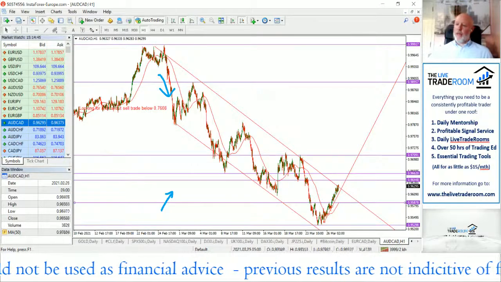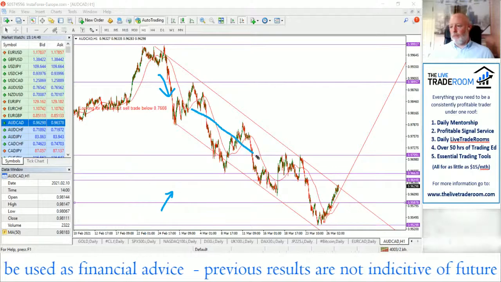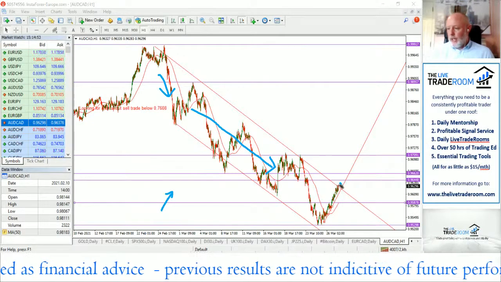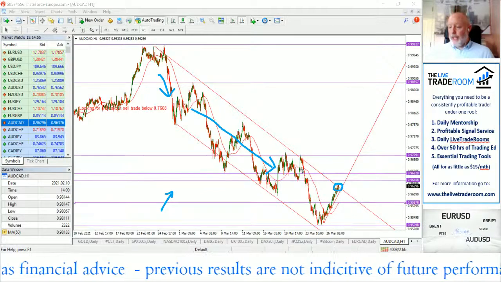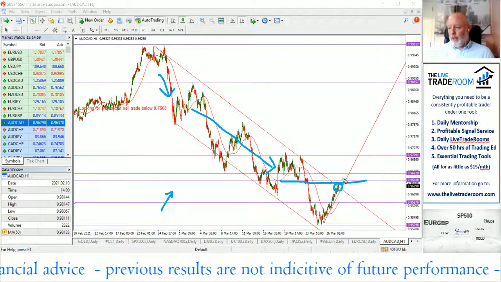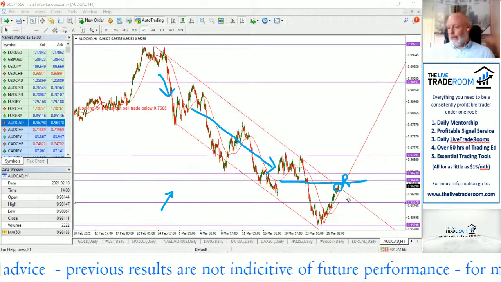So broadly speaking, there's a more medium-term selling trade. So this is again just another reason. We also have the horizontal level of resistance, but it's another really strong level of resistance at this level.